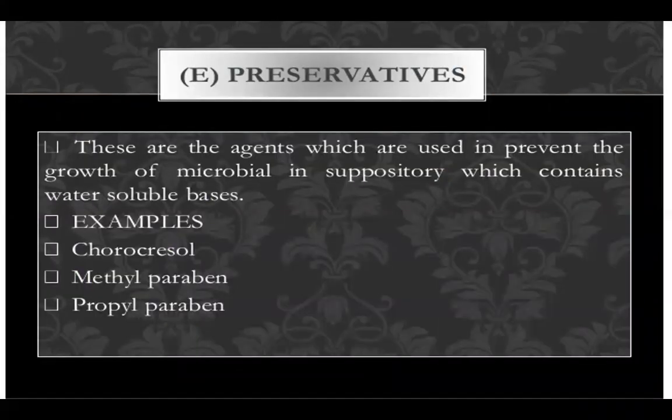Preservatives are also added to maintain stability. These are the agents used to prevent the growth of microbes in suppositories which contain water-soluble bases. Examples are chlorocresol, methylparaben, and propylparaben.